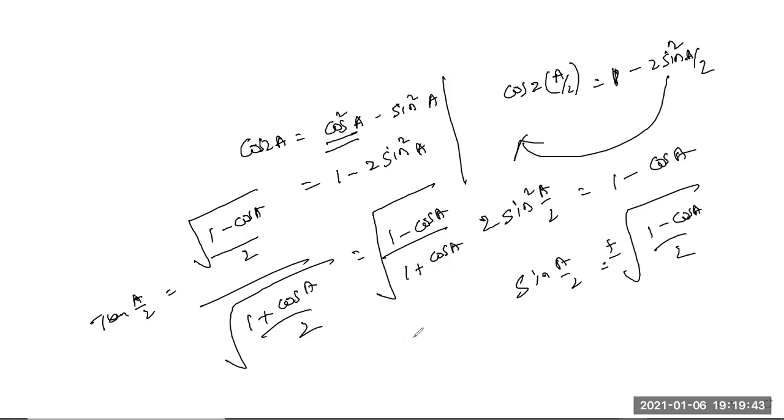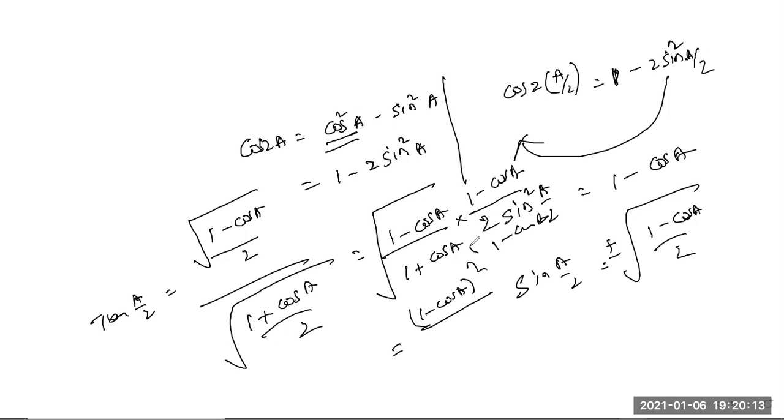Okay, so if you want, just multiply numerator and denominator with 1 minus cos a. I just want to remove the square root, so I am multiplying with 1 minus cos a on both the numerator and denominator, which is under the square root.